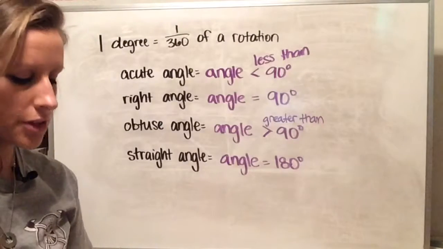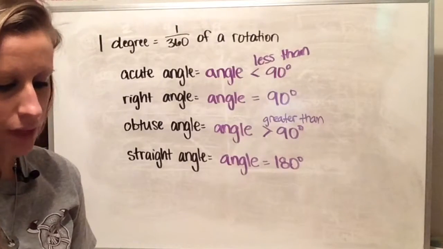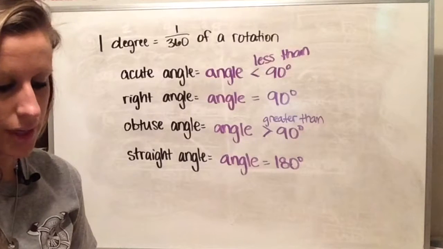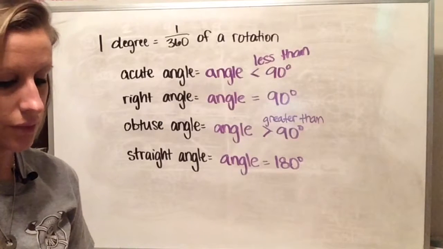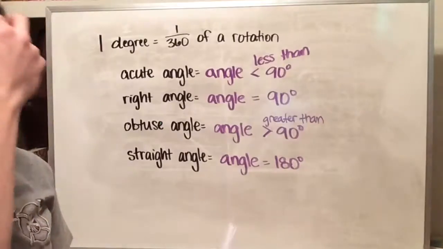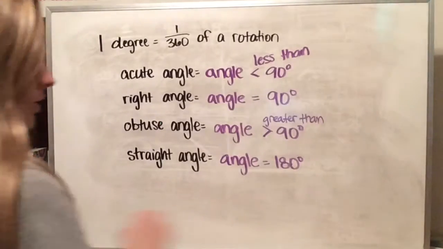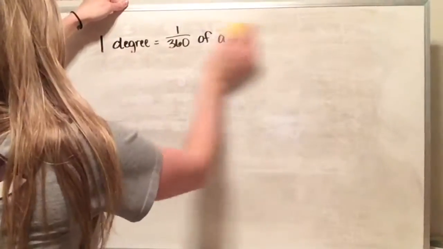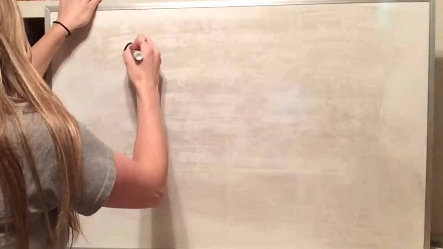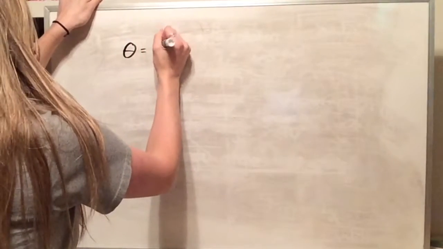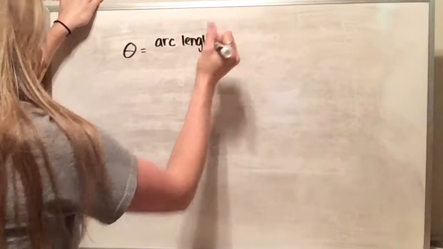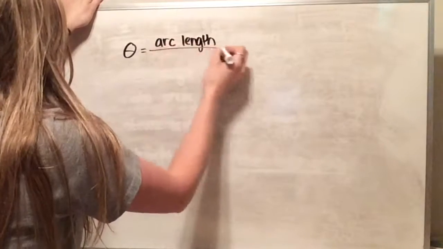Okay, the next part of your notes talks about radian measure. The radian measure of an angle is the number of radius units in the length of an arc. Of that arc, I'm sorry. So it says the angle equals the arc length over the radius.